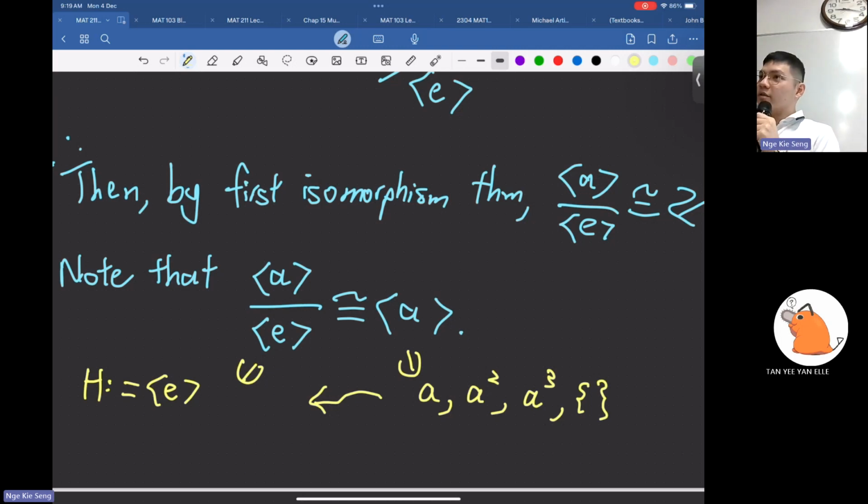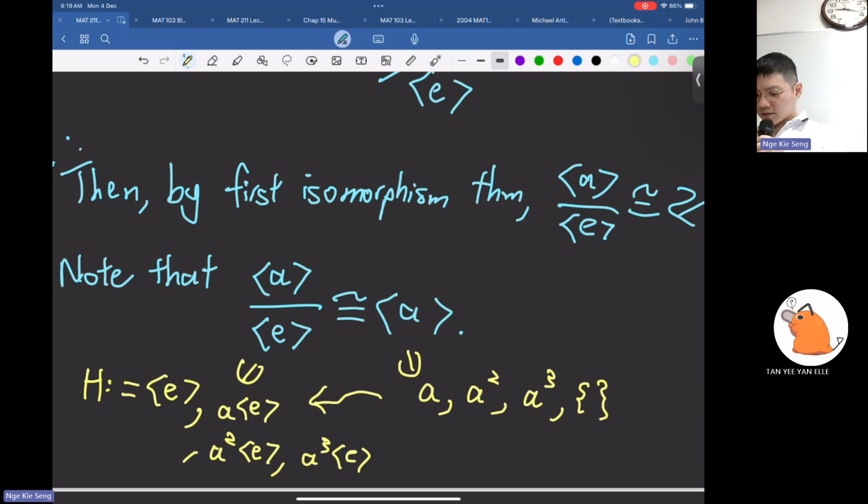Corresponding to the words given by your classmates: A times the trivial subgroup, A squared times the trivial subgroup, A cubed times the trivial subgroup, or just the trivial subgroup. I wrote it down already. So these are the four corresponding elements.